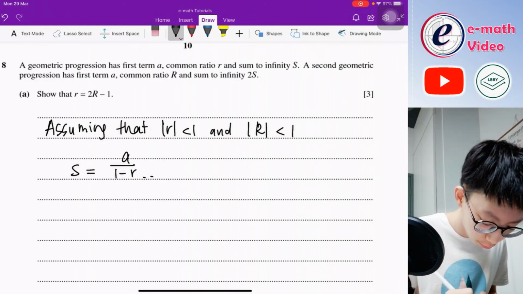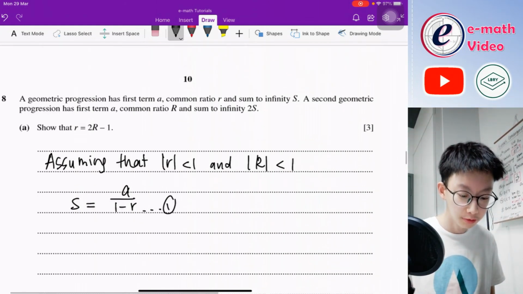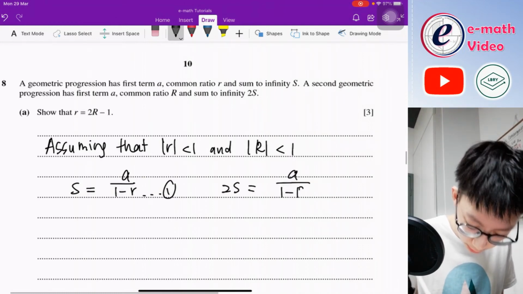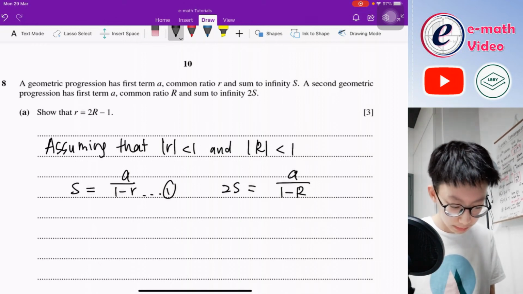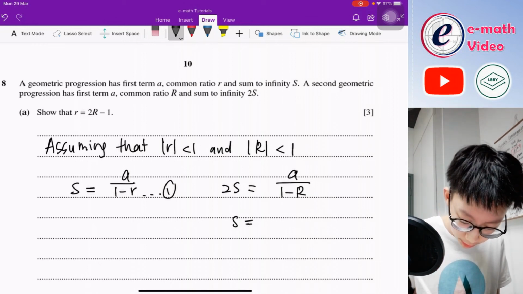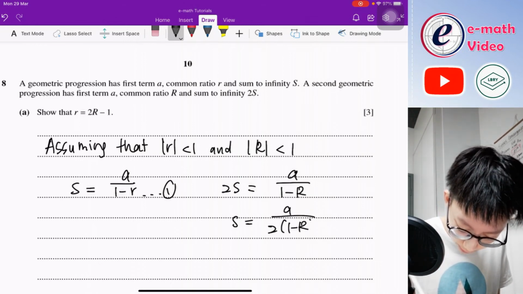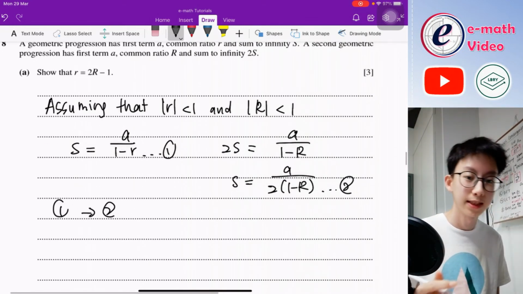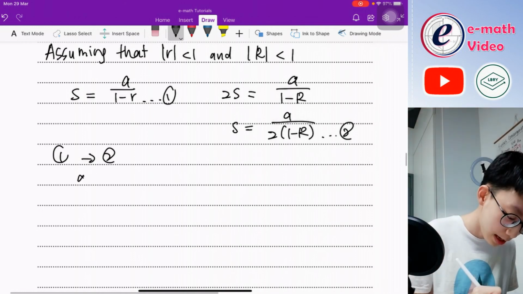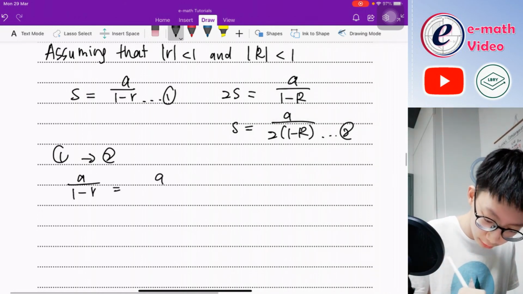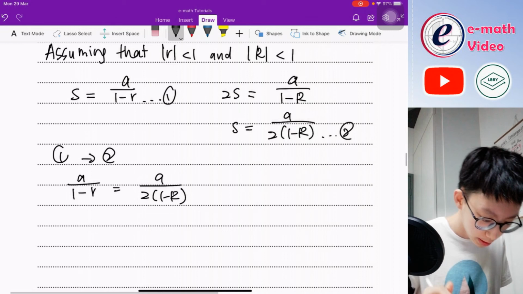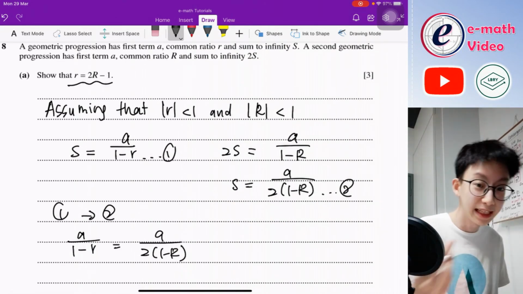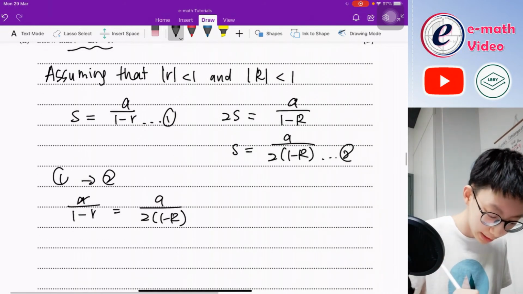This is your equation 1. Equation 2, it told you that 2S is equal to a over 1 minus R, right? And I will write one more step like this, 2 times a over 1 minus r, so that I can directly substitute equation 1 into equation 2, or you can say compare. a over 1 minus r is equal to a over 2 times 1 minus big R. I don't want a because you don't see any a here, so just go ahead and cancel off.